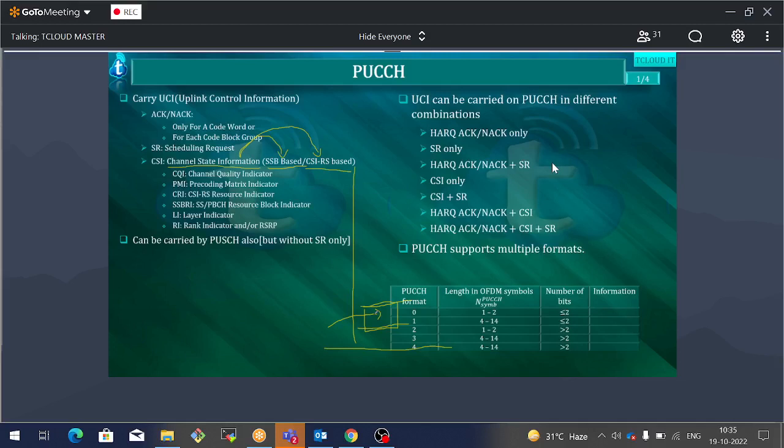Obviously, the disadvantage is the wastage of resources, because you have to reserve some symbols for that, along with your downlink PDSCH traffic. Some symbols would be occupied by the special CSI-RS symbols, like QPSK symbols calculated with the scrambling sequence.